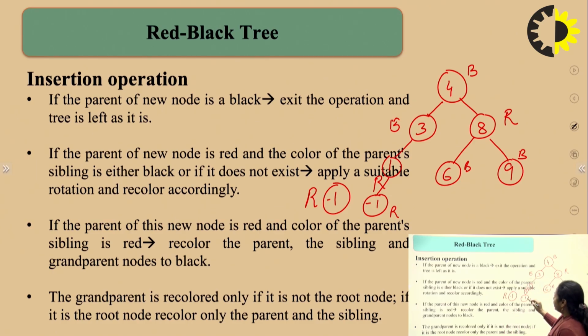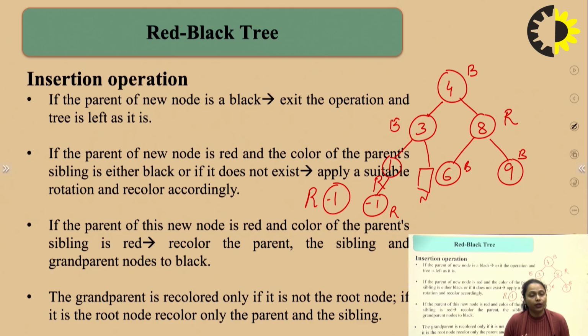Means if this parent node is red in color and its sibling does not exist, then there is a nil node, and nil node is black in color. Means the sibling of the parent node is black. Then we will apply the suitable rotation and recolor accordingly.